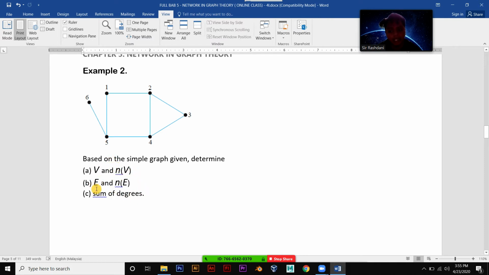Question B asks about E, edges. What are the edges, and what is n(E), the number of edges? And C is the sum of degrees.